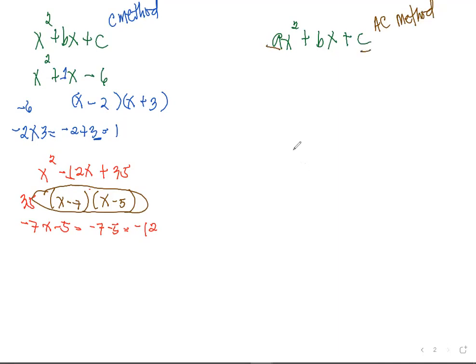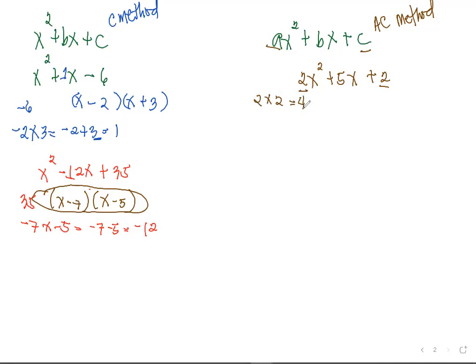Just like for the example, we have 2x squared plus 5x plus 2. So when we say AC method, we're going to multiply the value of A and also the value of C. So this is A, this is C. A times C, we have 2 times 2. The answer is equal to 4.